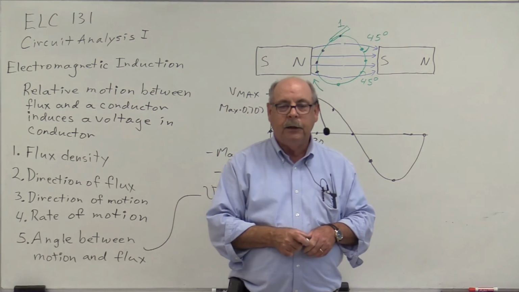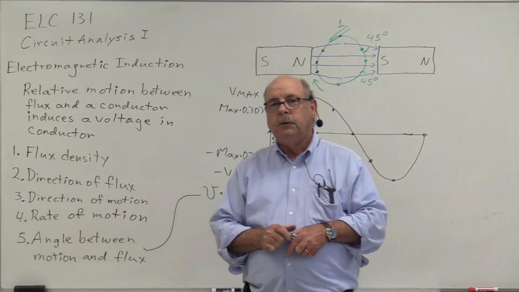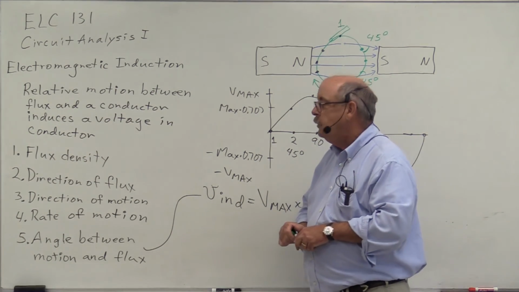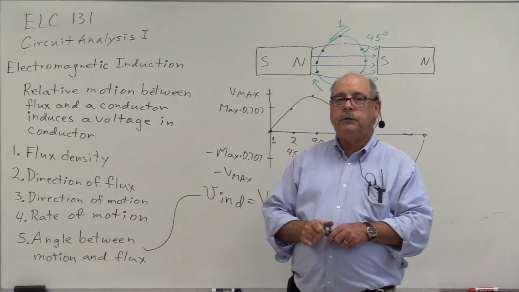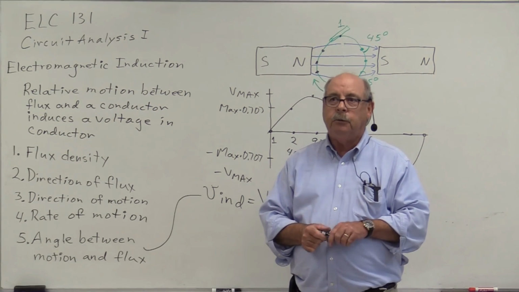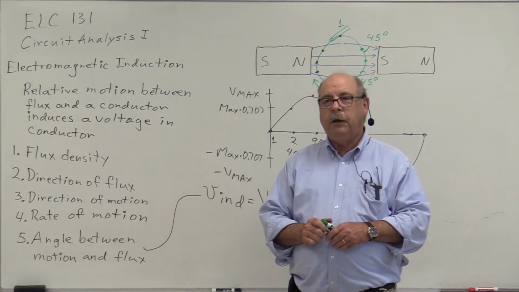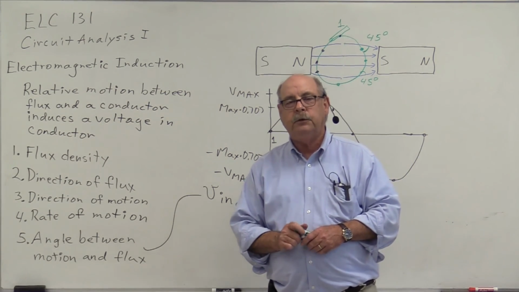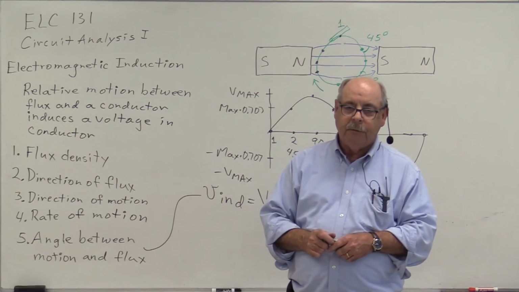It doesn't matter which one changes, because all we're required to have is relative motion between the flux and the conductor. So again, electromagnetic induction states that when there's relative motion between flux and a conductor, we will induce a voltage in that conductor.